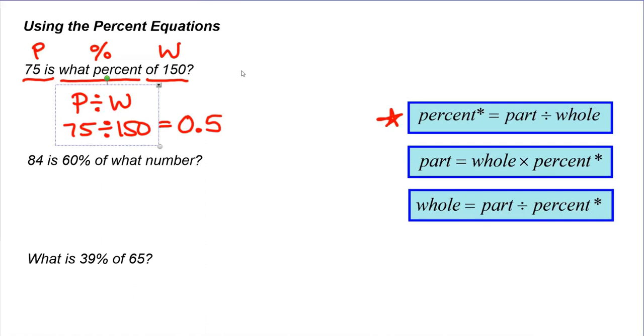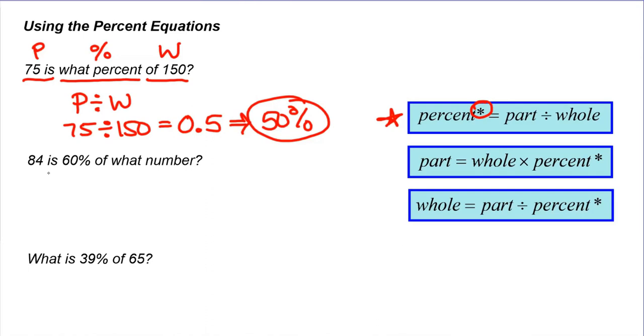Now remember that that is the percent as a decimal. Remember that asterisk right there. So 0.5 is what percent? We multiply that by 100, and that gives me 50%. So you have to remember to convert that to a percent and put the percent sign on it once you're done. So 75 is 50% of 150.